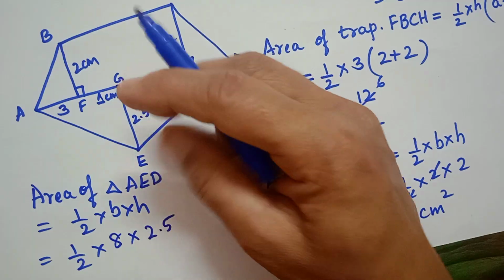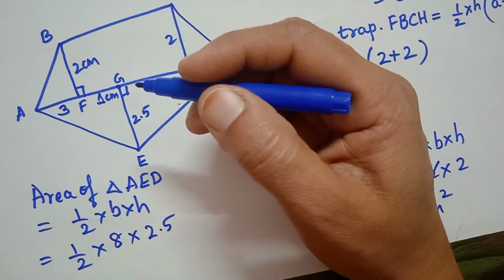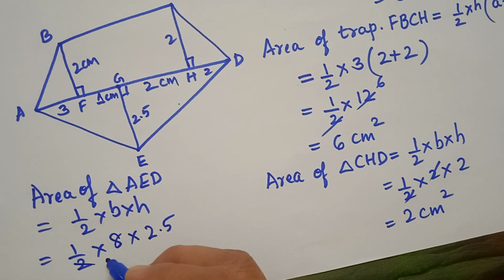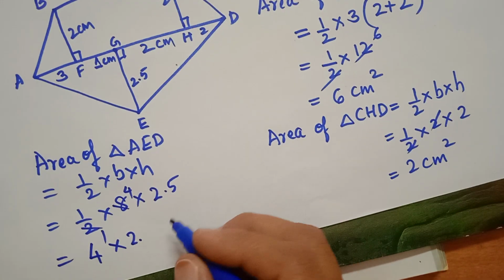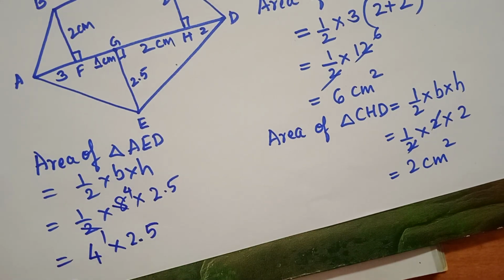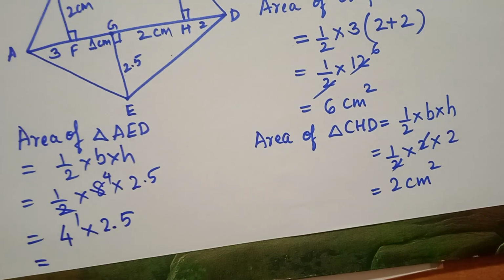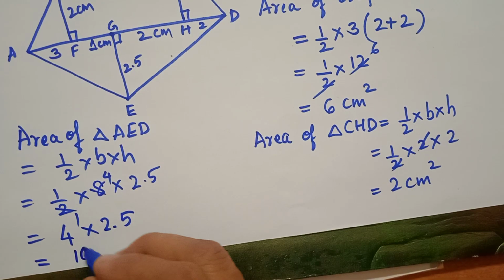EG is the height since it is a perpendicular drawn from E to G. What is it? 2 1s are 2, 4s are 4 into 2.5. 4 into 2.5, how much is it? Calculate it. It is how much? 10 centimeter square.